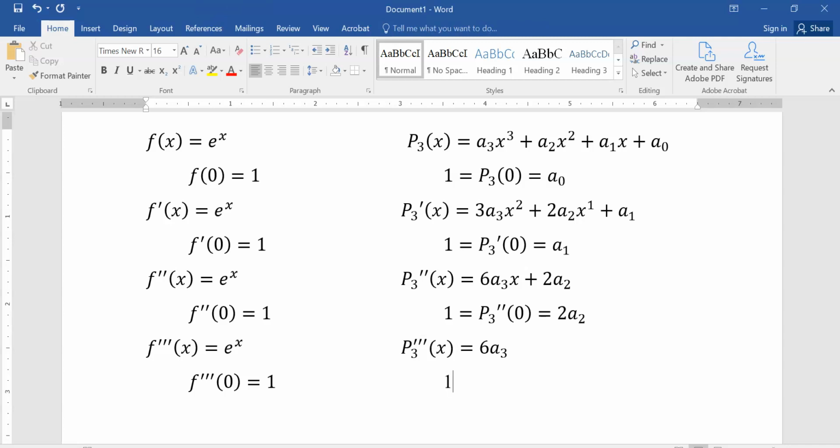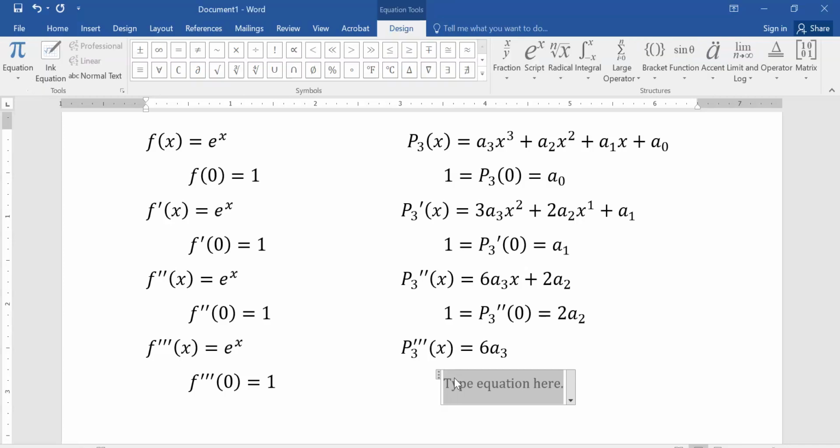You need to get 1, so 1 is equal to the third derivative of the polynomial of degree 3. Plug in 0, and you're getting 6 times a3. Now again, notice that what we have here is not that a3 has to be 1, but rather 6 times a3 has to be 1. So a3 has to be 1/6.